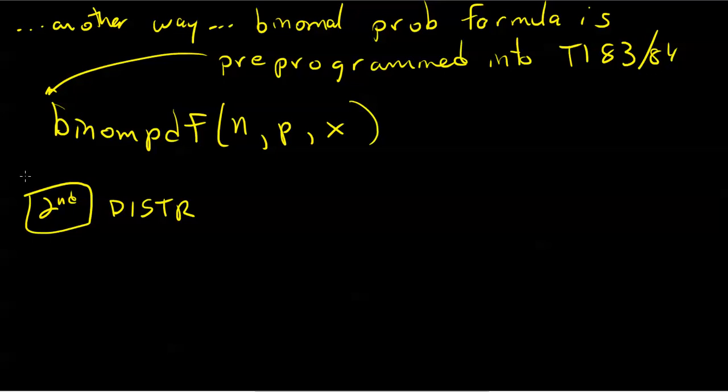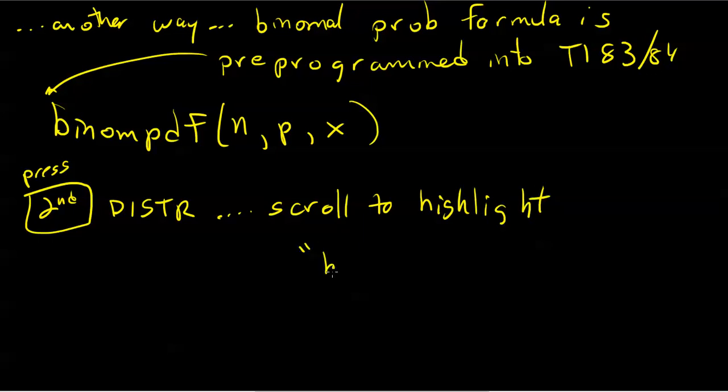So press your second level button on your calculator, the gold button, and then the VARS button to access that distribution command. And then we'll want to scroll from that distribution menu to highlight this binomial PDF operator.